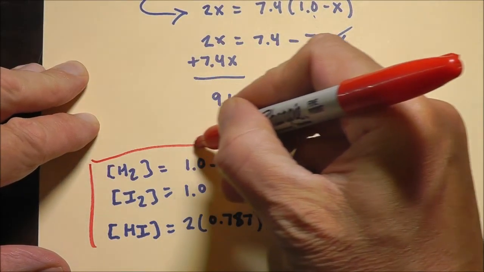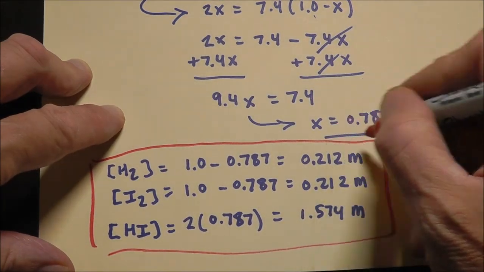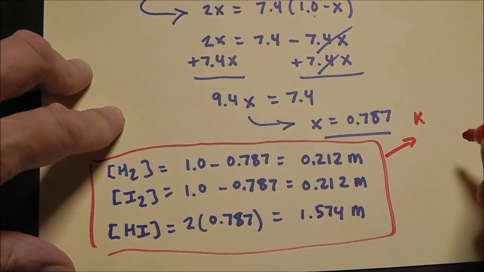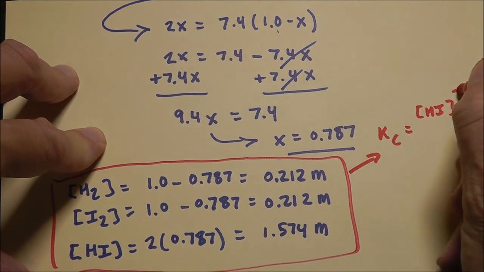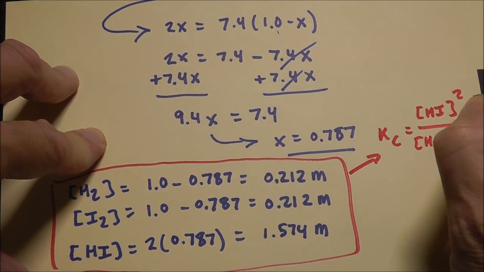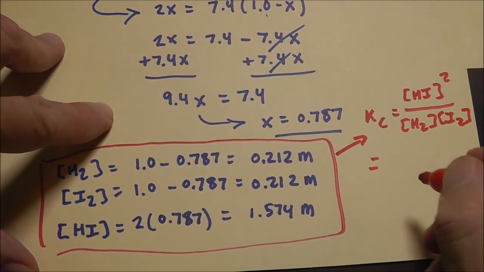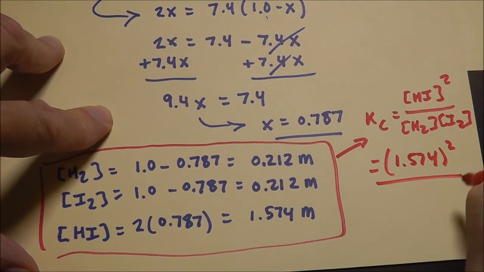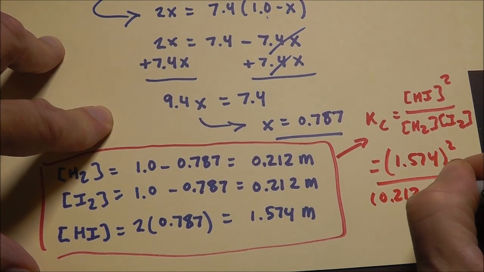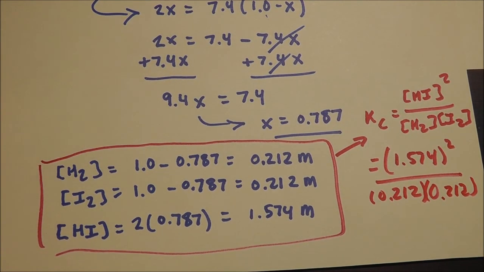I am going to take a split second to plug it all back in to Kc. Kc was the concentration of HI squared divided by H2 divided by I2. So let's do that: 1.574 squared divided by 0.212 divided by 0.212. I better get something close to what K was.